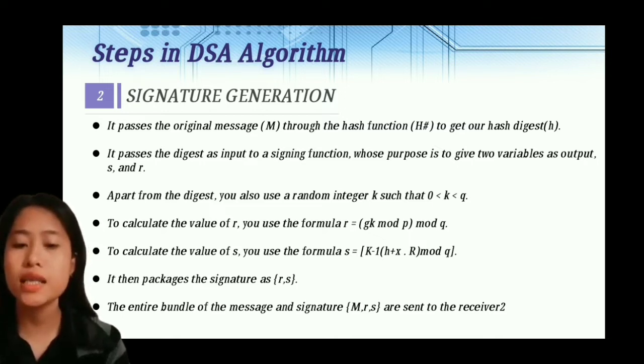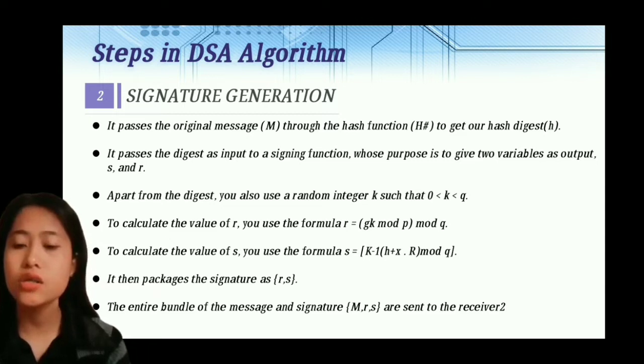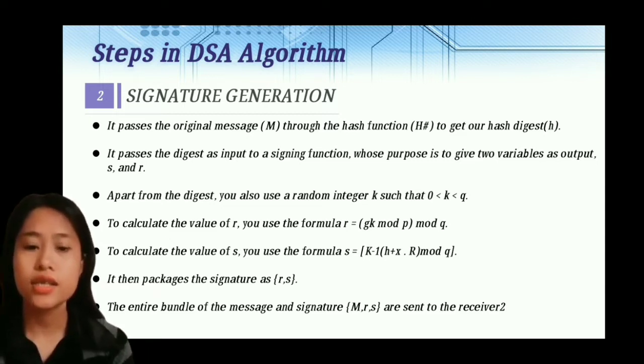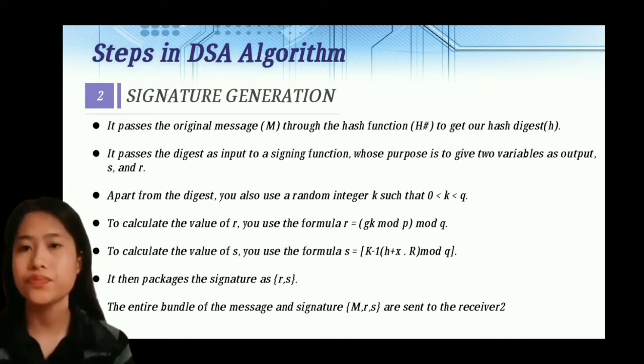It passes the digest as input to a signature function whose purpose is to give two variables as output, S and R. Apart from the digest, you also use a random integer k such that 0 less than k less than q.